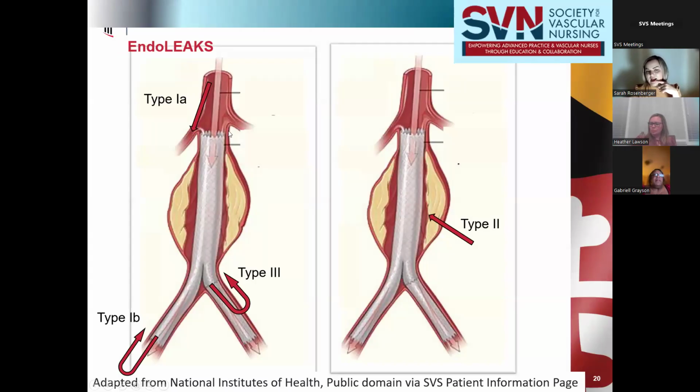So the treatment for that is going to be to extend up to an area where the aorta is normal and we can rely on that radial force. I don't have a picture, just for the sake of time, of a type 3 endoleak, but that is a similarly pressurized sac that you see on the arterial phase that comes out of one of these components.